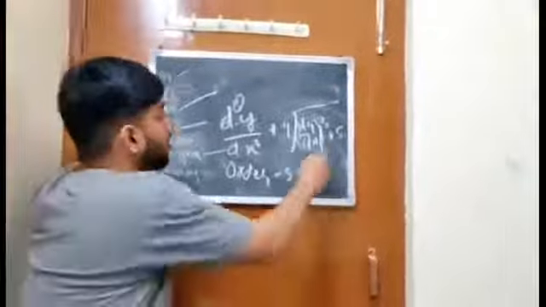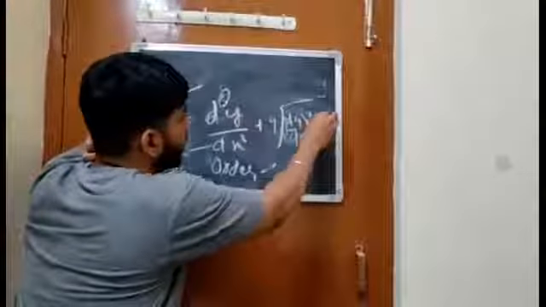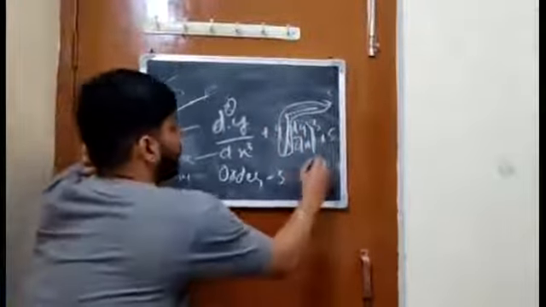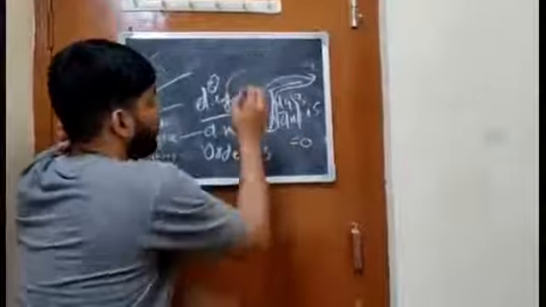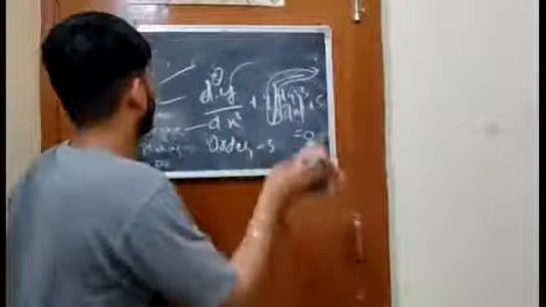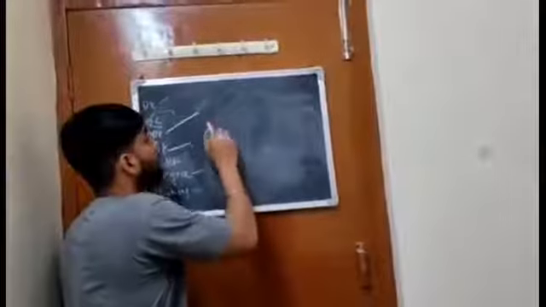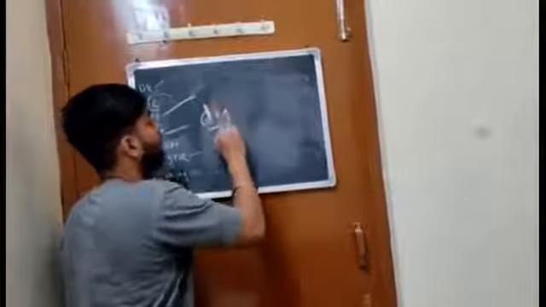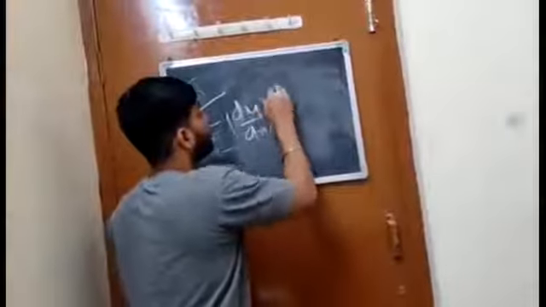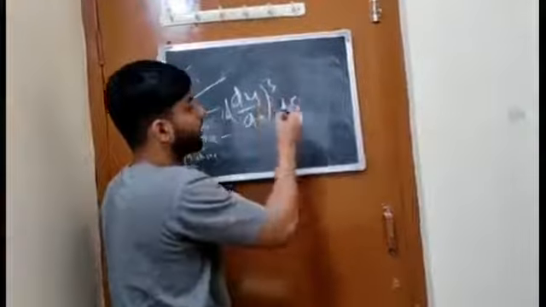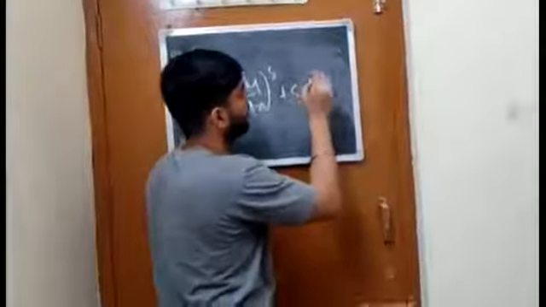Why is this 2? Because the equation must not contain any root. So we take the root term to the other side and then square both sides.